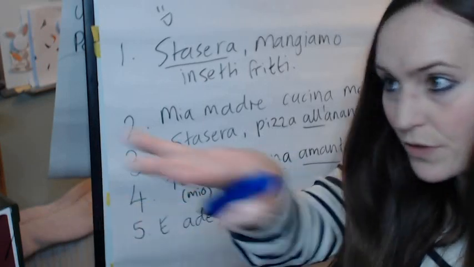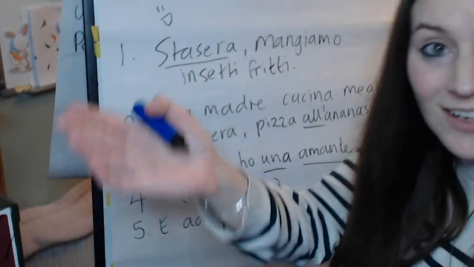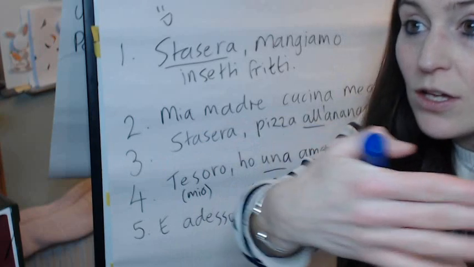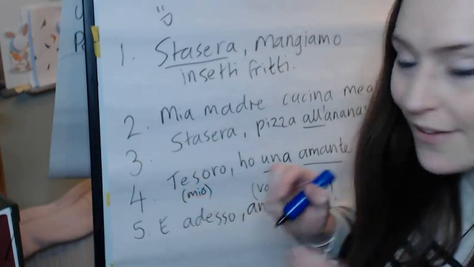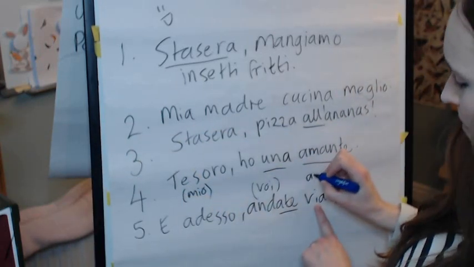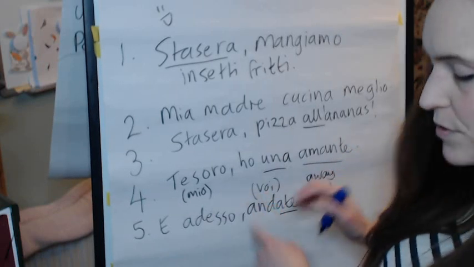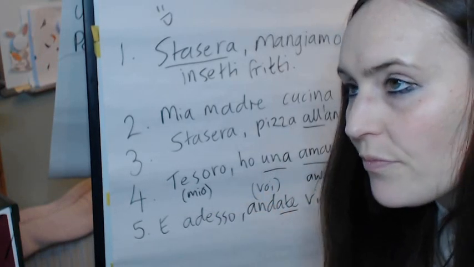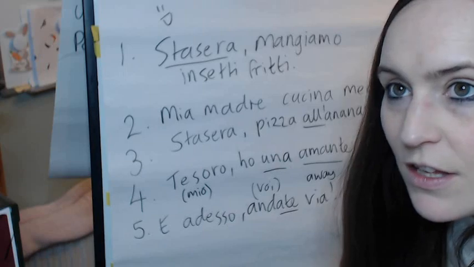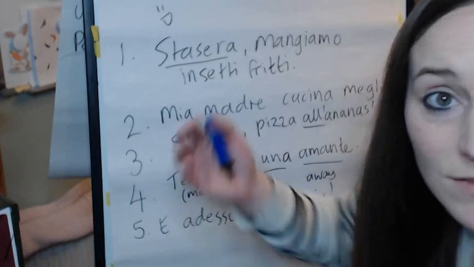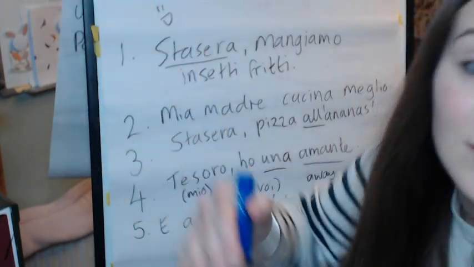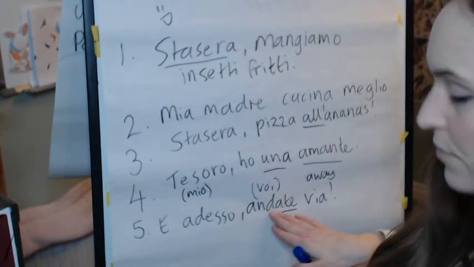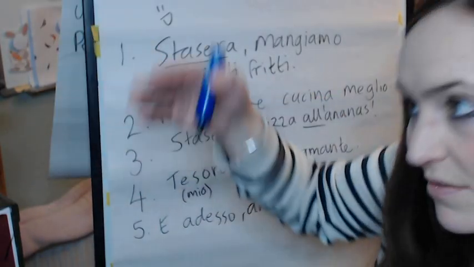You all, all of you who are here, you go away. And via means away. So if you're saying that in the tu form, you'd say vai via, vai. And in the voi form, andate via.